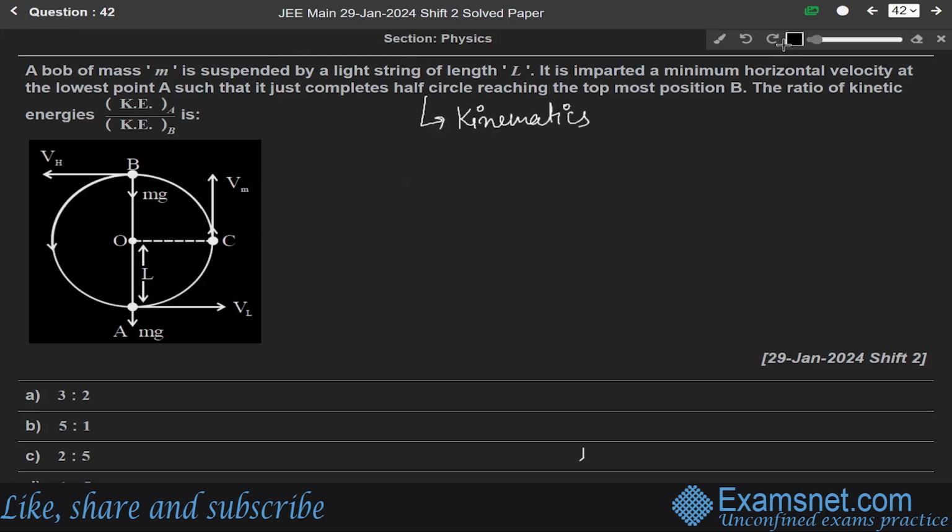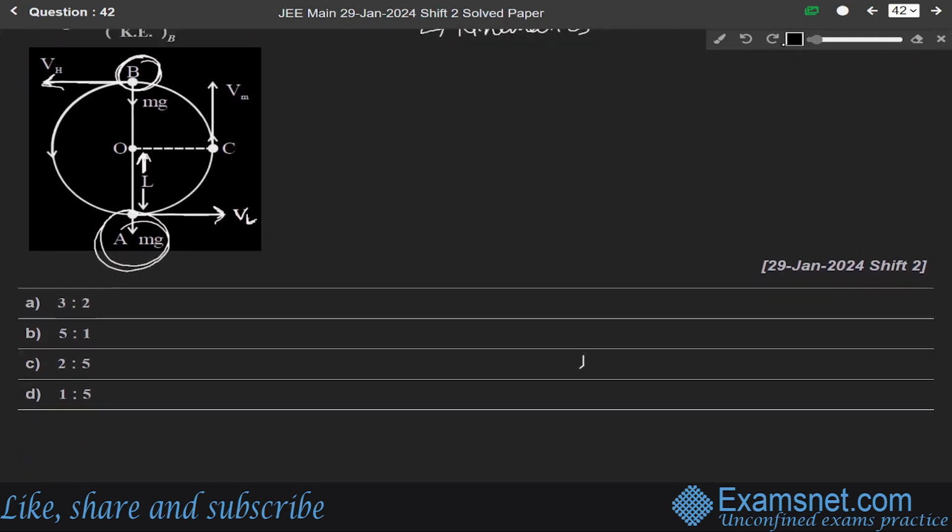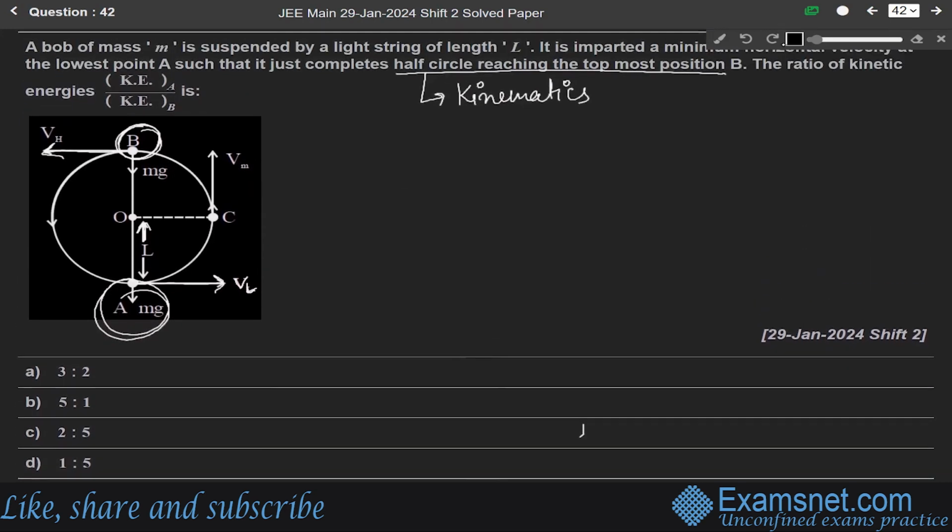It is saying that a bob of mass m is suspended by a light string of length L, and it is imparted a minimum horizontal velocity at the lowest point A. After completing its half cycle, it reaches the topmost point B. So here the velocity is VL and here the velocity is VH. Now we have to find the ratio of kinetic energy at point A and at point B.